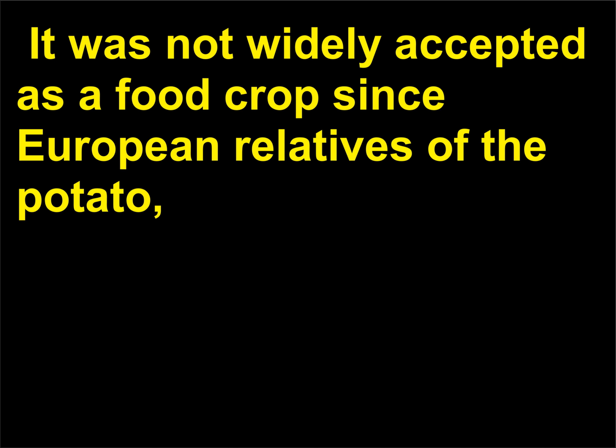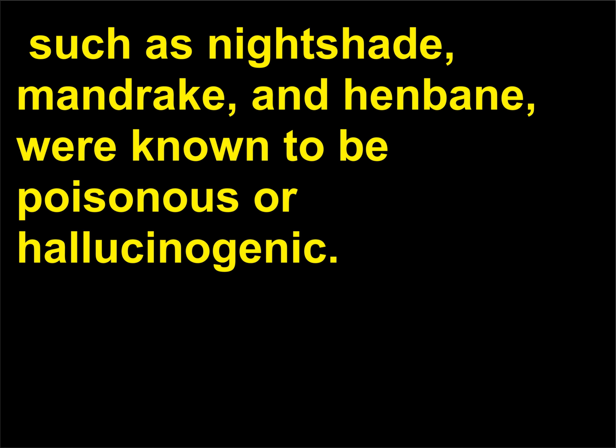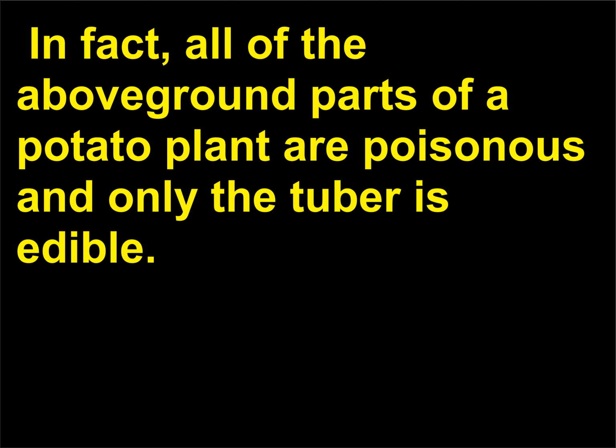It was not widely accepted as a food crop since European relatives of the potato, such as nightshade, mandrake, and henbane, were known to be poisonous or hallucinogenic. In fact, all of the above-ground parts of a potato plant are poisonous and only the tuber is edible.